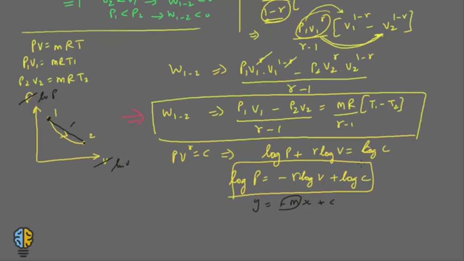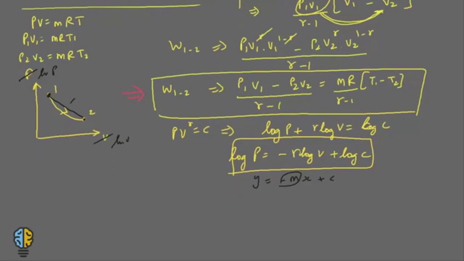Now similarly, if you plot this for the isothermal process, you'll get log P is equal to minus log V plus log C. Now look at the value of slope here. The value of slope for isothermal is equal to minus 1, and the value of slope for adiabatic is equal to minus 1.4.